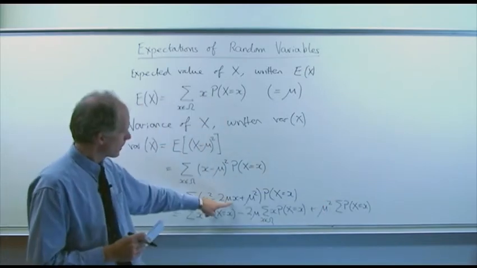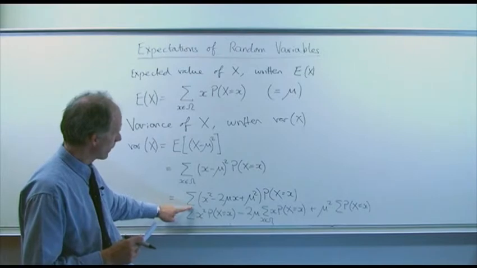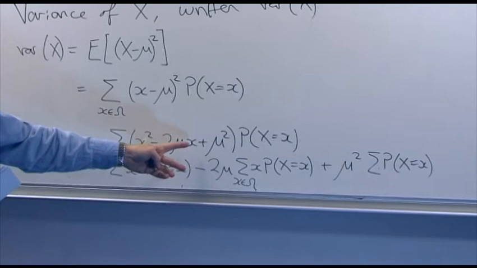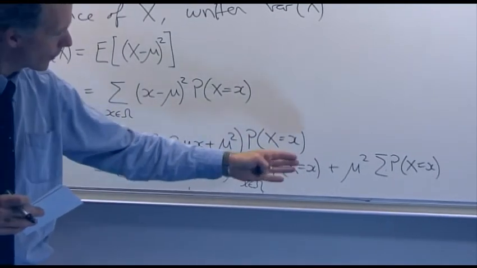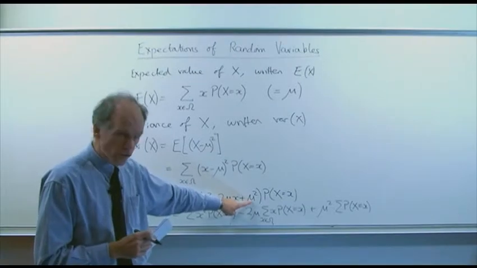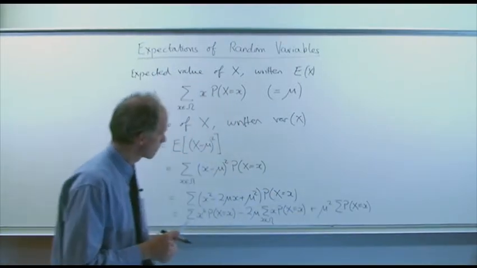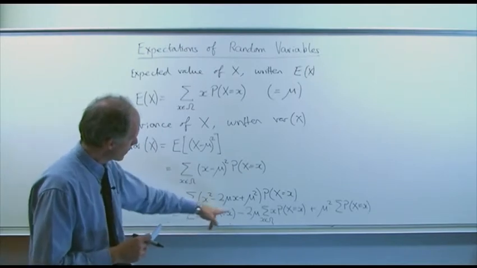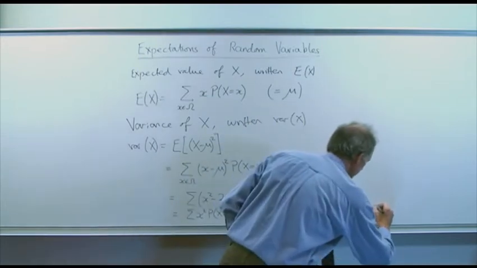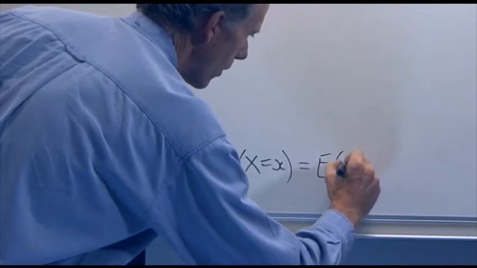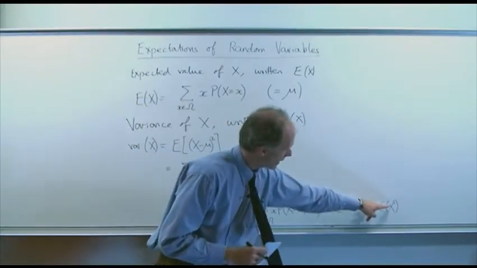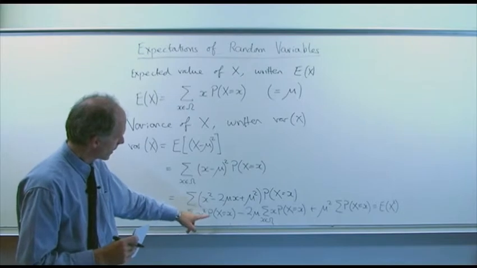Mu doesn't depend on the index that we're summing over, so I've taken it to the front. x is part of the index, so that has to remain on the right-hand side. Mu squared, similarly, is a constant, so that can come to the front. Then we can see the different components here. This is the first term we're going to leave, but note the first term is actually the expected value of X squared, because that function of x, which is just a square, is appearing here.